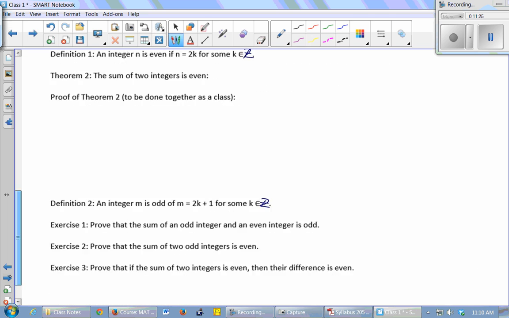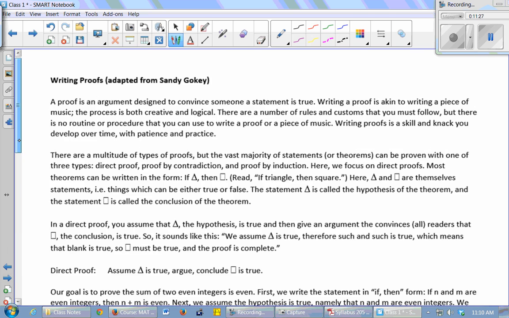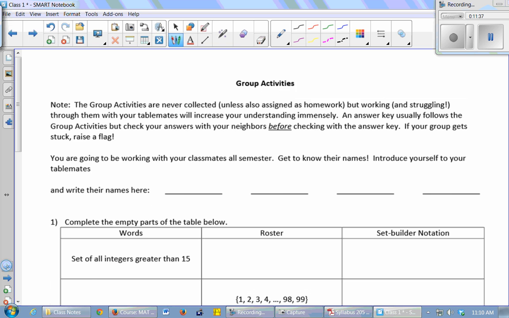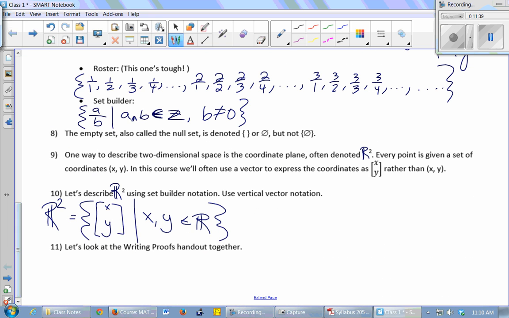Okay, all right, so I want to take a quick look at the writing proofs handout together. Some page, I don't have them numbered, sorry. A couple pages later. Writing proofs. You don't get this notation? No, I don't get how that represents the coordinate plane.